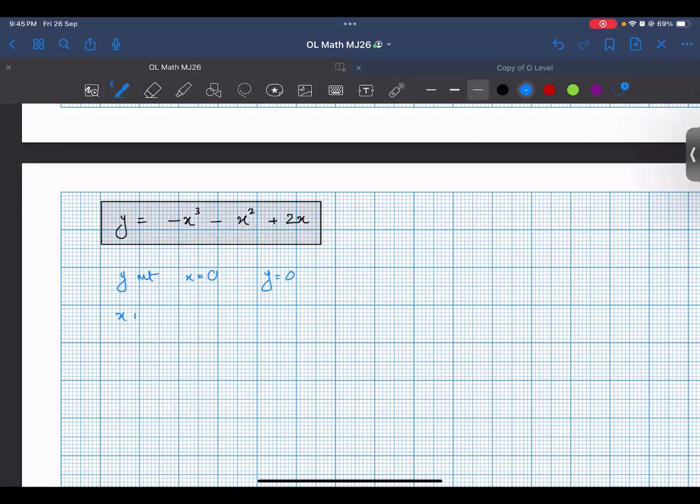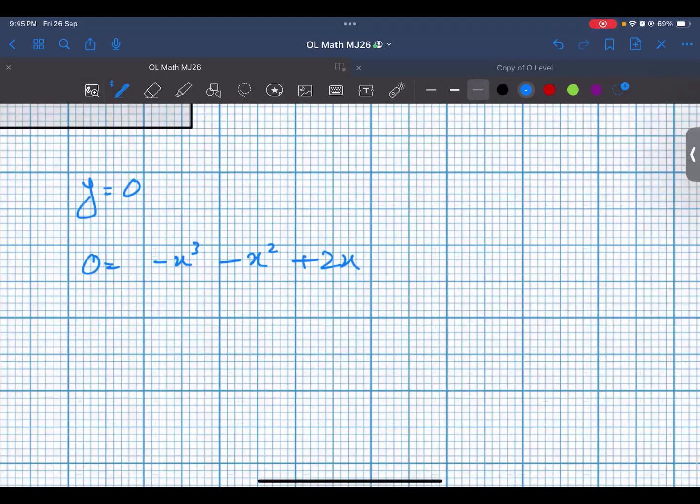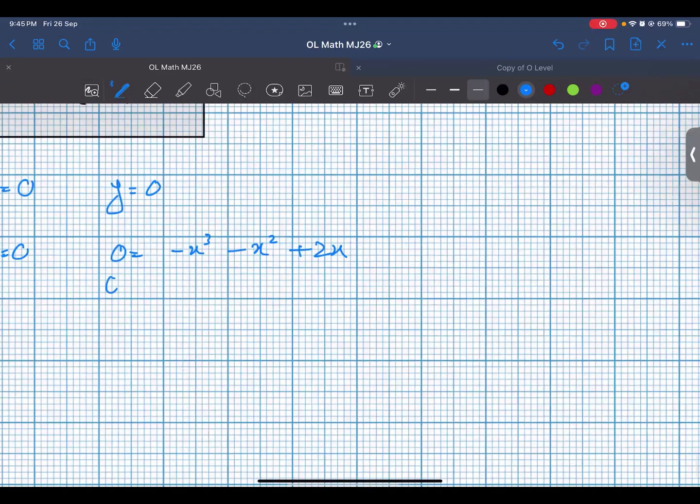X-intercept, your y is 0. So 0 equals minus x cube minus x square plus 2x. You can take minus x common. You will get x square plus x minus 2. And then you will factorize the quadratic part. So you will get x, this will be x plus 2 and x minus 1.